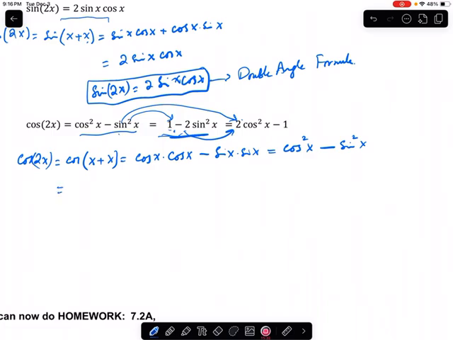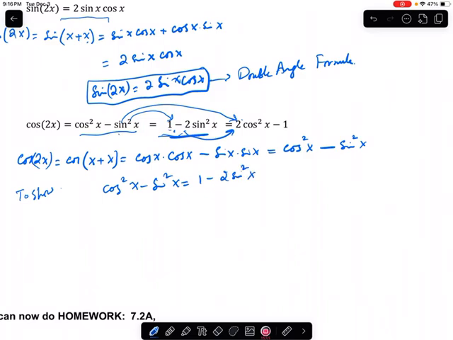Okay, I will write. So we are now going to show cosine square x minus sine square x equals 1 minus 2 sine square x.